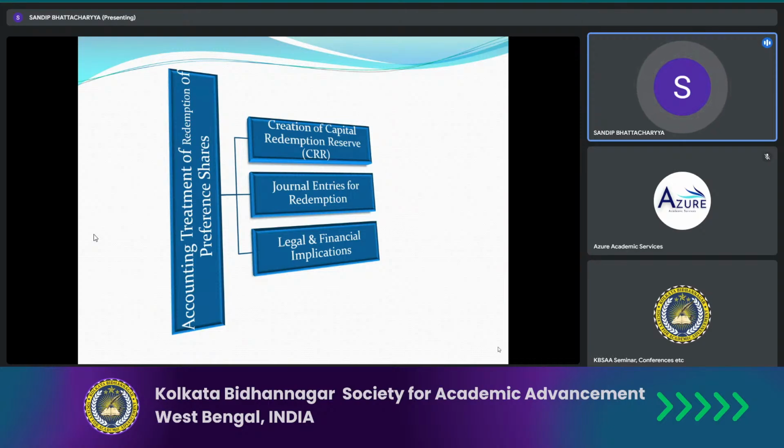You can say that redemption may affect the company's balance sheet and financial statement, but to some extent. If you redeem your preference shares, obviously these preference shares will be struck off from your balance sheet. After that, you must prepare a reduced balance sheet. So these are the various types of financial implications.